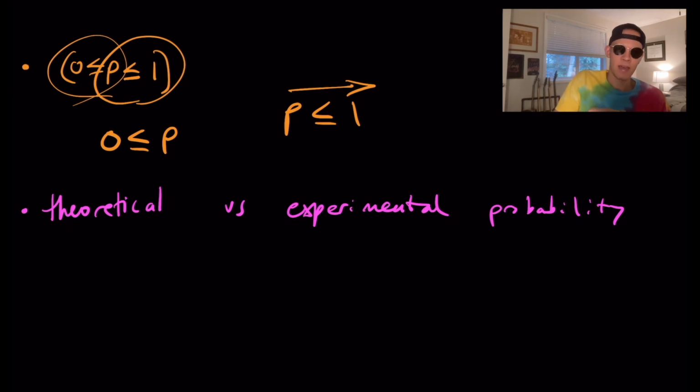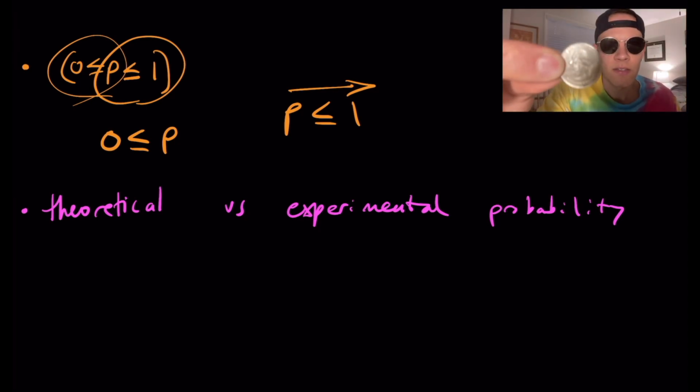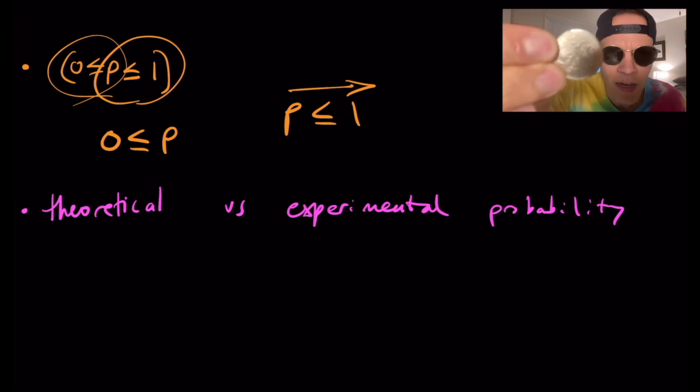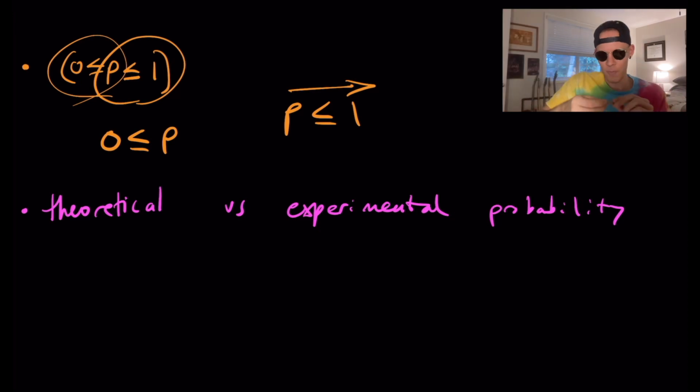I got a coin here. Let's see here, George Washington vibes, and on the back, what do we got? I think that's South Carolina. So if I flip this coin and I want to know, I'm going to flip it 4 times. So what's the probability that I get tails, let's say, of those 4 flips?